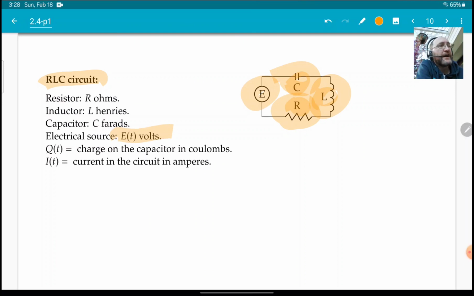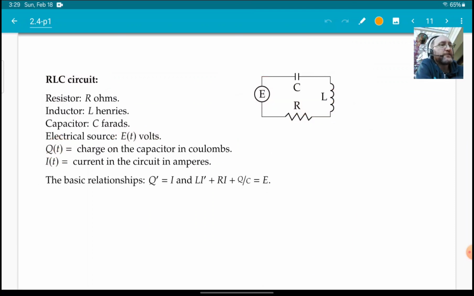Now, in such a circuit, we can measure more things, but we can measure 2 things: the charge on the capacitor, how much charge is there, and what's the current flowing through the circuit. So we'll use Q and I for those, and those again can change with time.